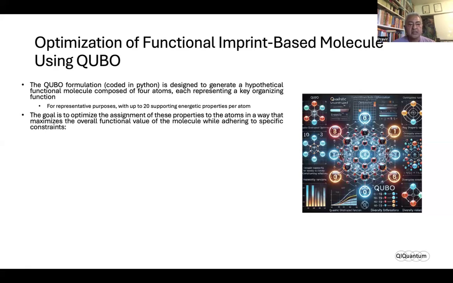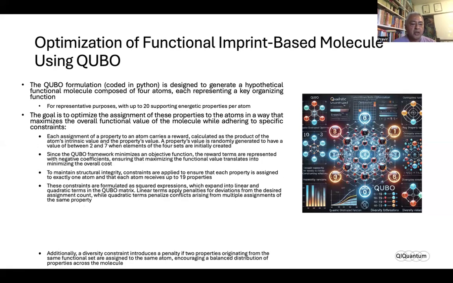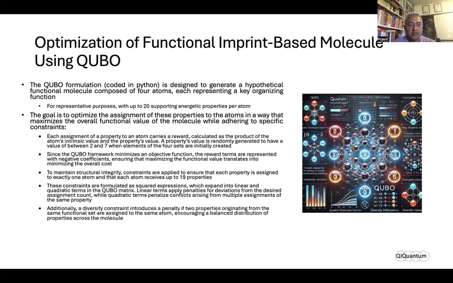And then this idea basically generated both the objective and the constraints that were programmed into the QUBO. And here I'll just mention a couple in the interest of time. So there's an intrinsic assignment of a property that is representative of the primary element in the atom. So let's assume that it derives from the set of knowledge.